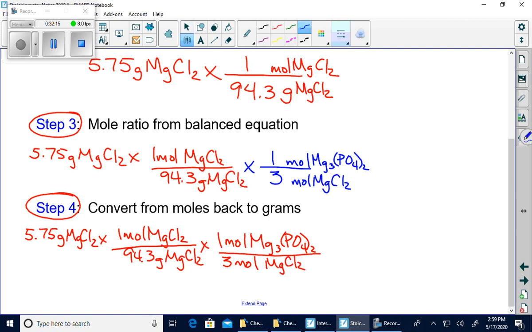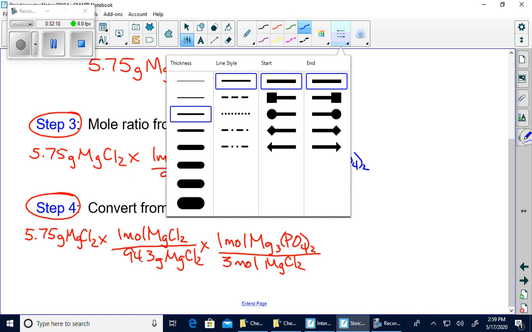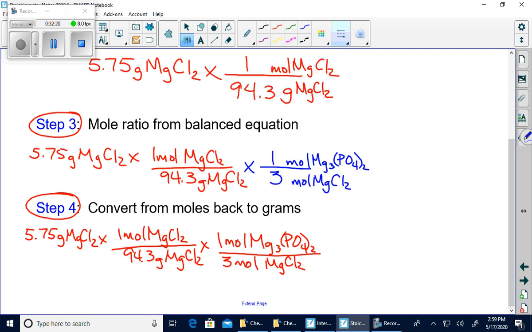Okay, let's put in our last step, which is convert back to grams. Because if I look right now, well, let me put this out here. So I have moles of magnesium phosphate here. I'm going to put that on the bottom. And I'm going to put grams of magnesium phosphate on top.